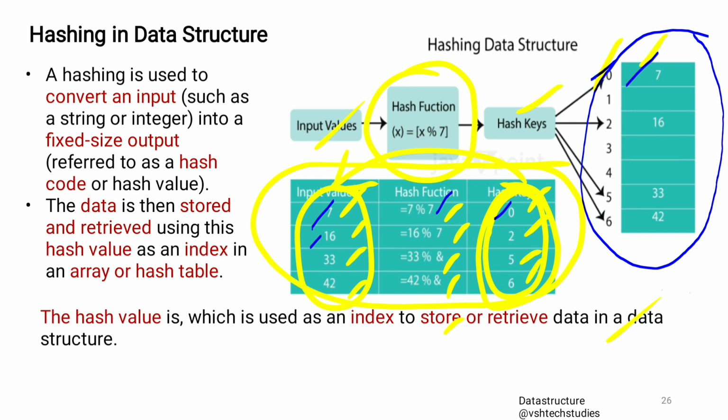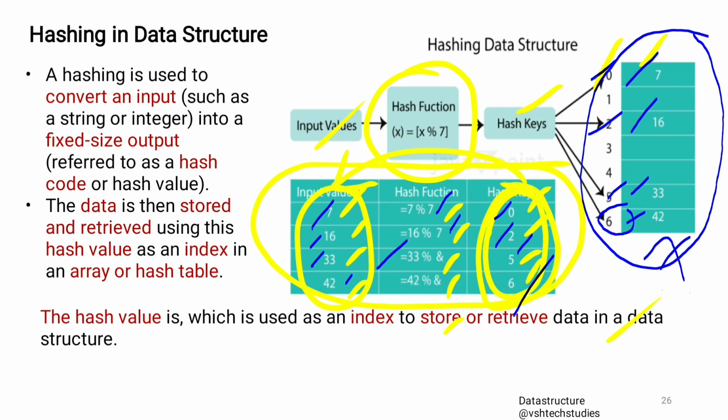Similarly, when 16 is given, because total size is 7 here, 16 mod 7 is done, it will be 2, hence in index 2 memory location 16 is stored. Next, if 33 is given, 33 mod 7 is 5, in index 5 memory location 33 is stored. Similarly, 42 mod 7 is 6, so in the 6 indexed memory location 42 is stored.